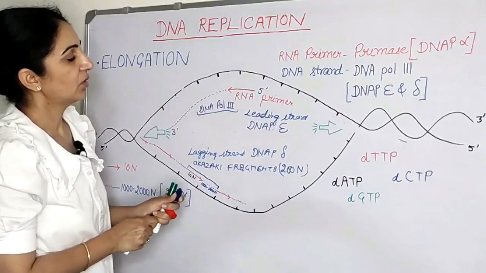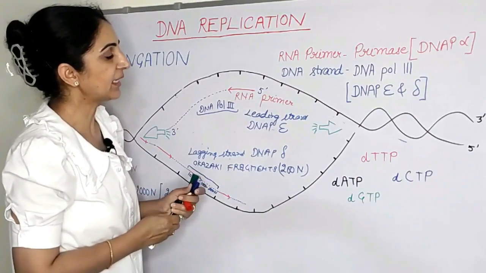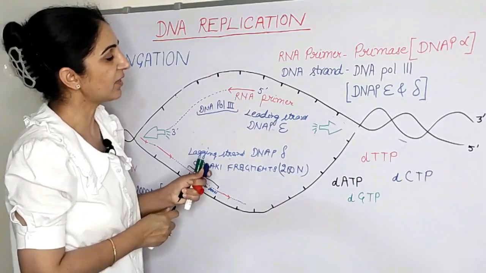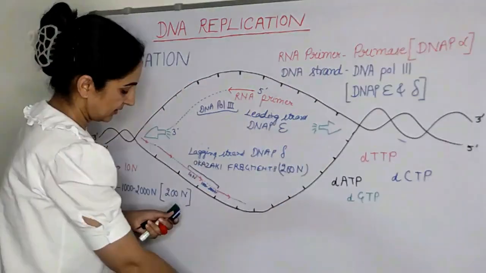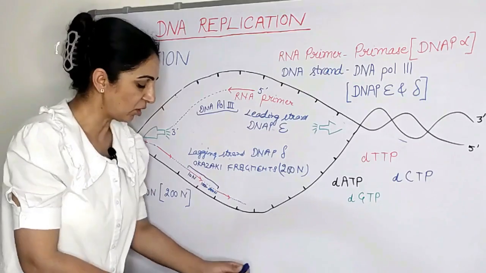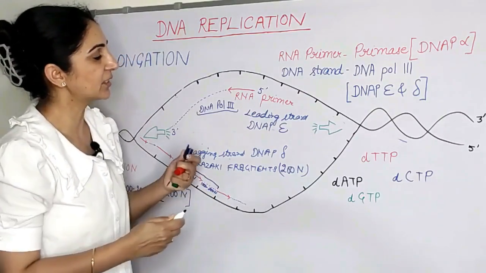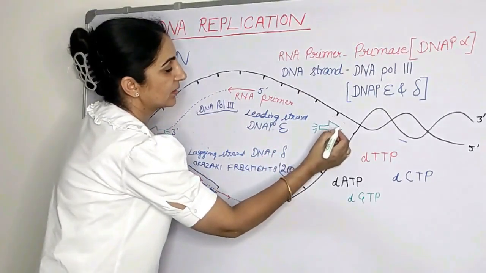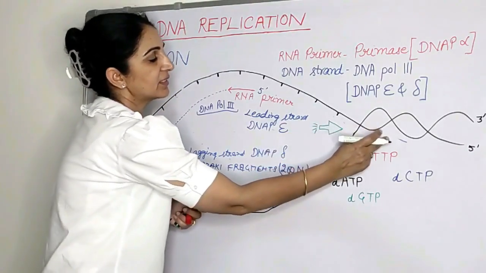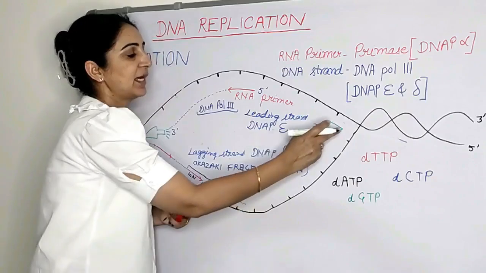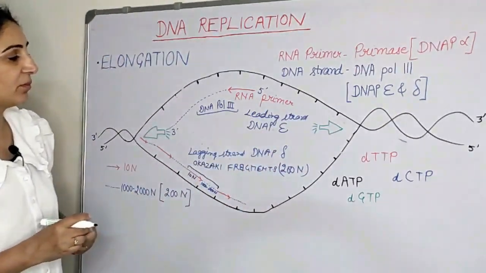So this enzyme helicase is causing unwinding of the DNA double helix at the ends, and this enzyme always utilizes energy. So it uses energy from ATP and it unwinds the DNA duplex at the ends of the replication bubble.